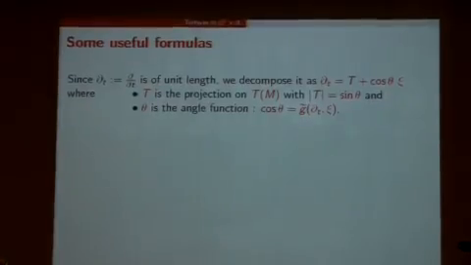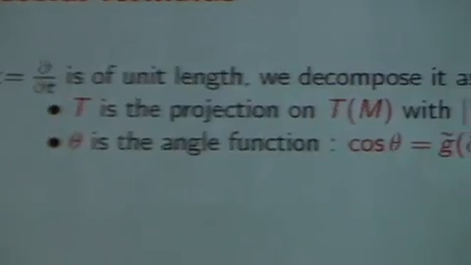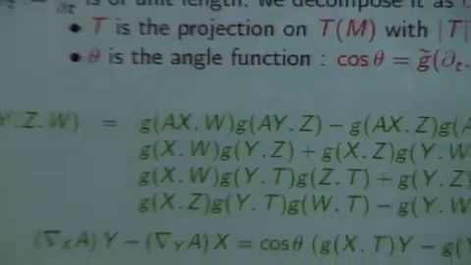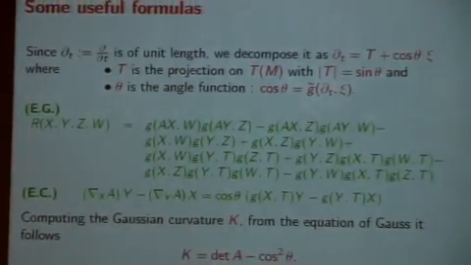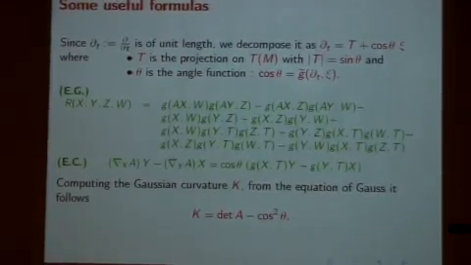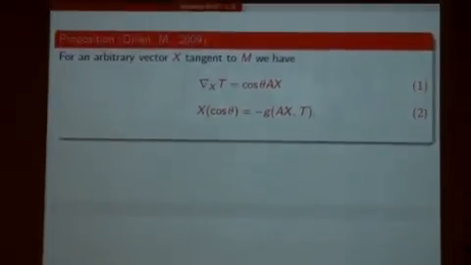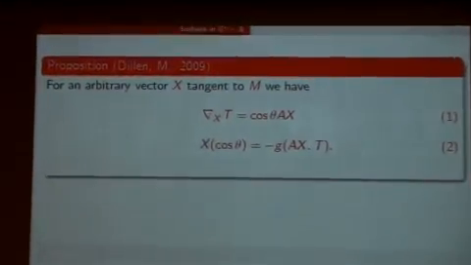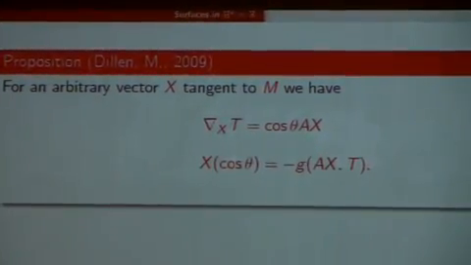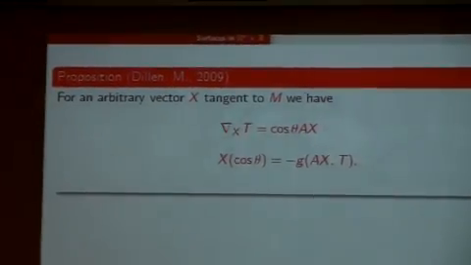Okay, so as I said, T is the projection, and theta is the angle between the normal and this dt. Recall the equation of Gauss and the equation of Codazzi, and we can compute the Gaussian curvature of the surface. The first remark is that computing T, we have this equation, and computing the derivative of cosine theta, we have equation 2.